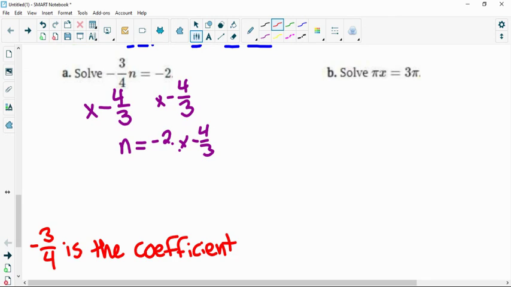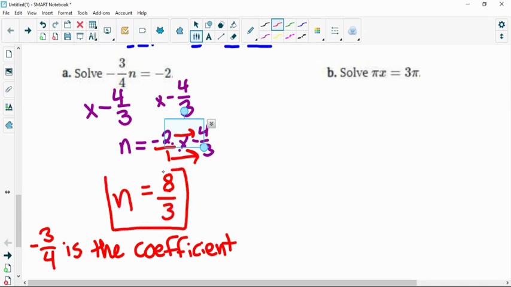Many people, when they see a whole number times a fraction, they'll turn the whole number into a fraction, and then you just multiply straight across. So negative 2 times negative 4 is positive 8, and then 1 times 3 is 3. So n is equal to 8/3.